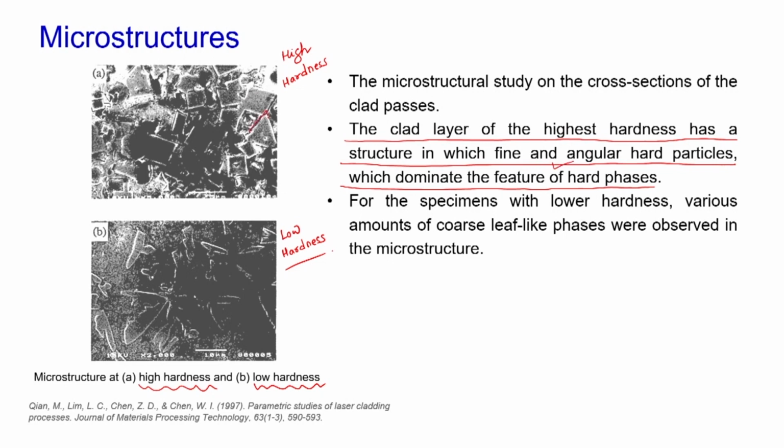They are fine, but angular, and these hard particles increase the hardness. For the specimens with lower hardness, various amounts of coarse leaf-like phases were observed during the optical micrograph study of the lower hardness cladded material.